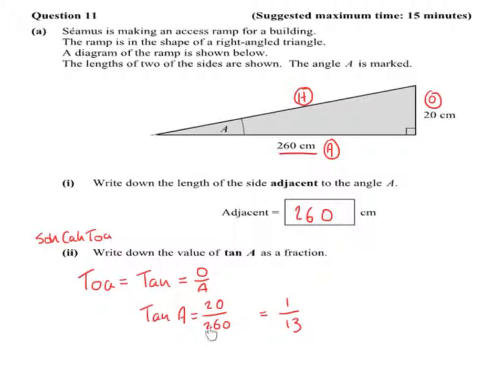The A becomes 260, because we labelled 260 as A. And 20 divided by 260 gives us 1 over 13. So 20 divided by 20 goes once, 260 divided by 20 goes 13 times. So tan of A is equal to 1 over 13.